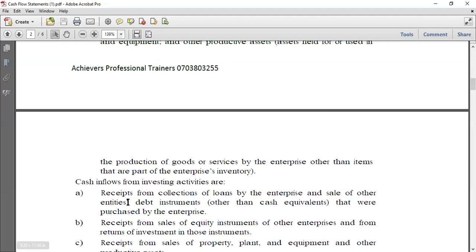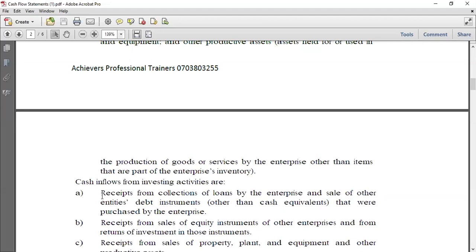Now, cash inflows here would be, for example, receipts from collection of loans by the enterprise or sale of other entities' debt instruments, okay? We could also have receipts from sale of equity instruments of other enterprises and from returns of investment in those instruments. Now, when it comes to investing, we are basically looking at another entity, okay?